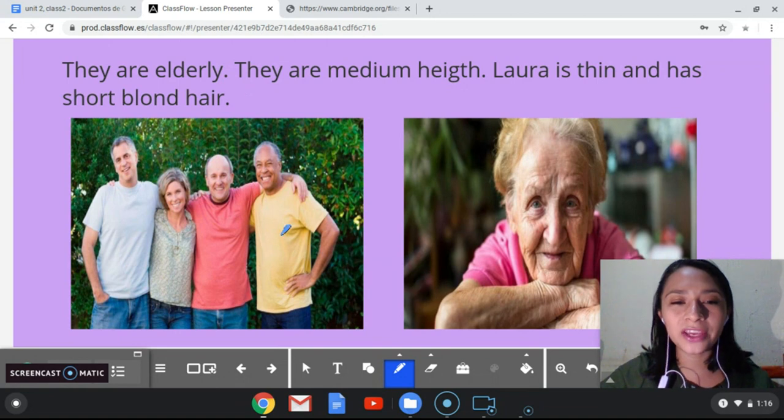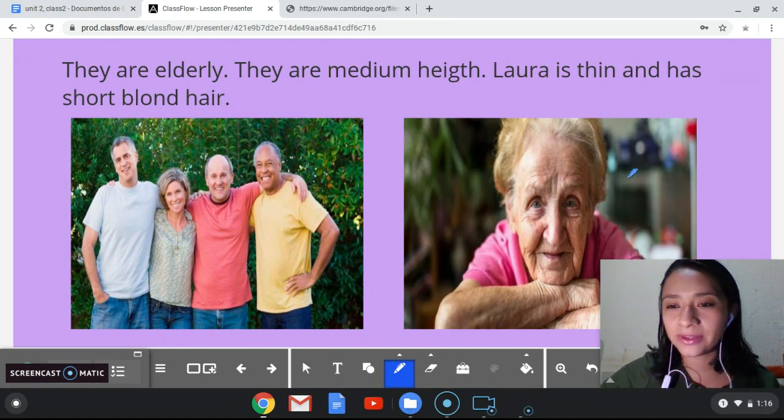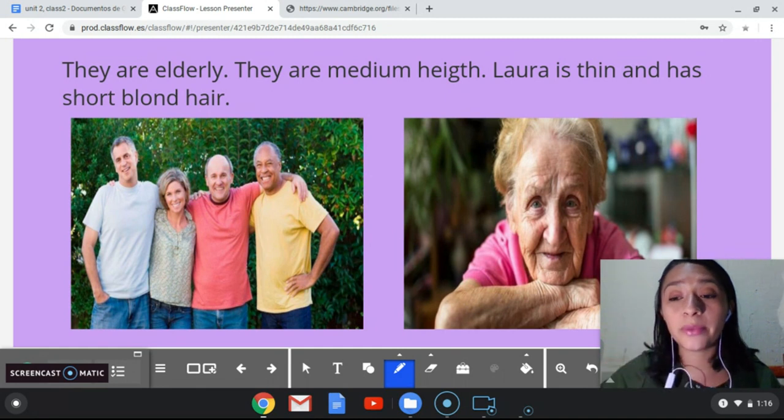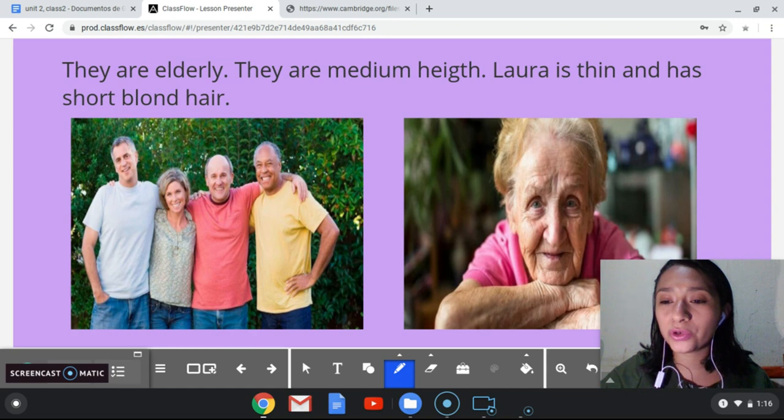So, we have here the last sentence, and it says they are elderly, they are medium height, and Laura is thin and has short blonde hair. So, which one do you think is the correct answer? Remember, this time we are not talking only about one person, we are talking about 2 or more. So, which one do you think it is?